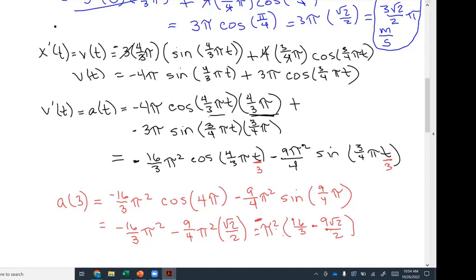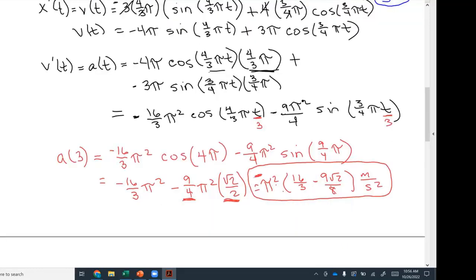And that is meters per second squared. So I get this to be negative 3.74 pi squared, which equals 36.9 meters per second squared.